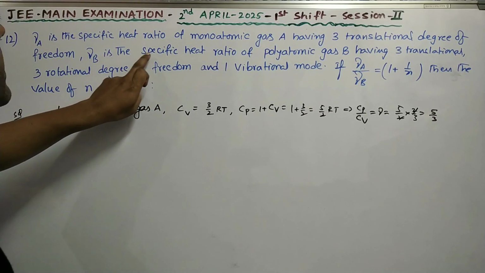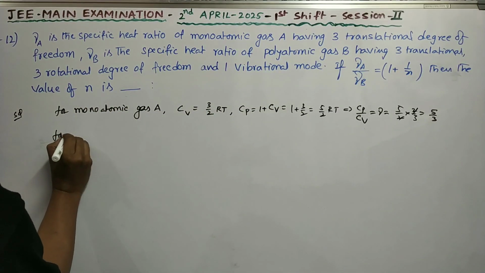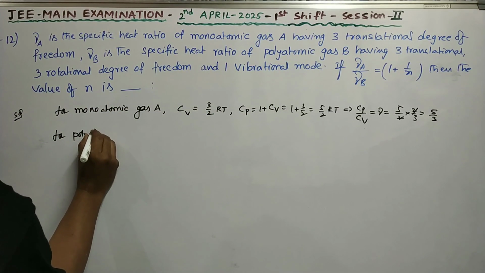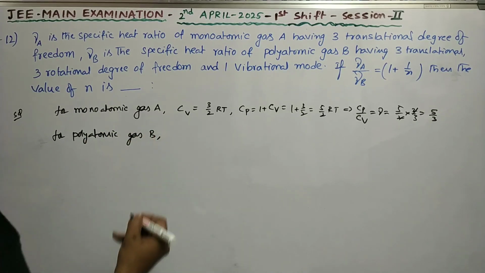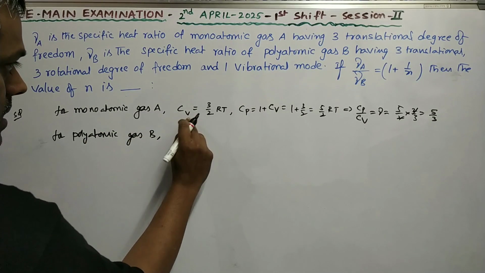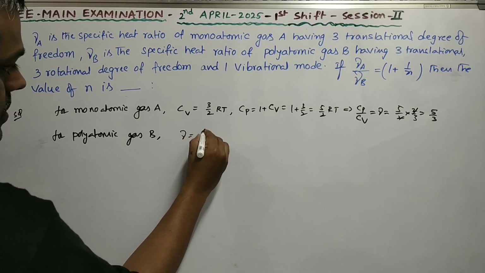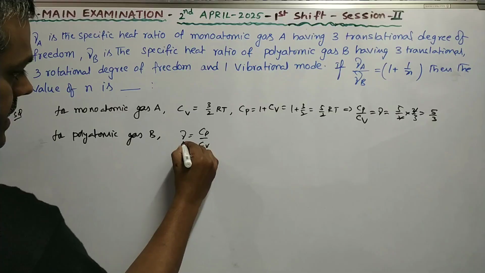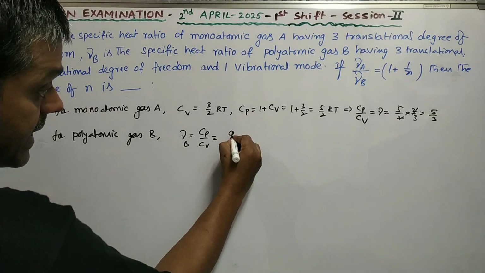Next, gamma B is the specific heat ratio of the polyatomic gas B. For polyatomic gas B, similarly, gamma is equal to Cp by Cv, which is 9 by 7. Why?